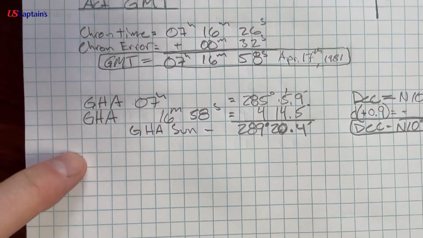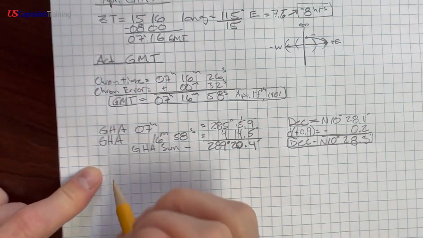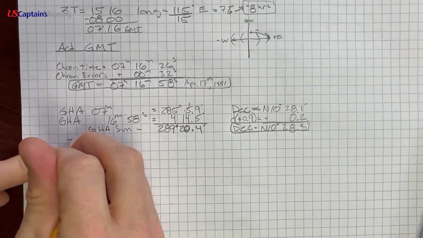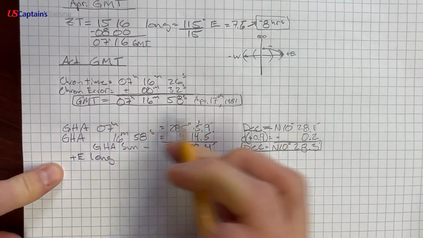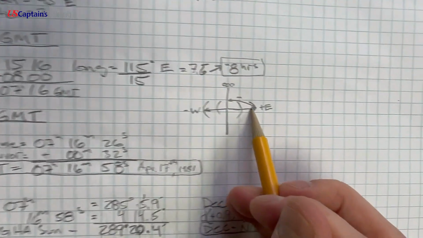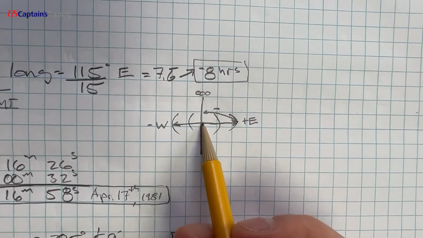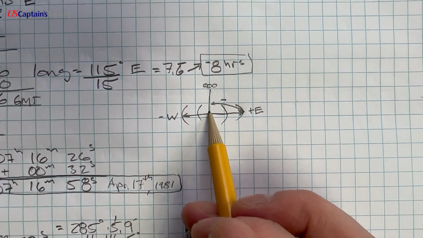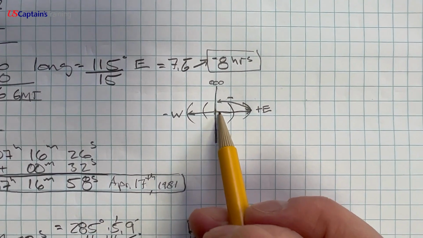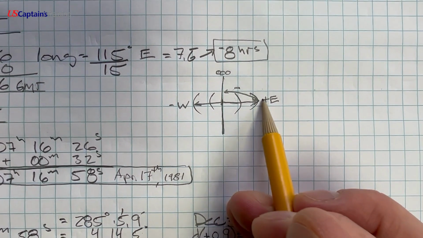And now what we need to do is we add east longitude. See, again, over here, we're to the east of the prime meridian, which is Greenwich Mean Time, which was the GHA, the Greenwich hour angle. To the east, we add.